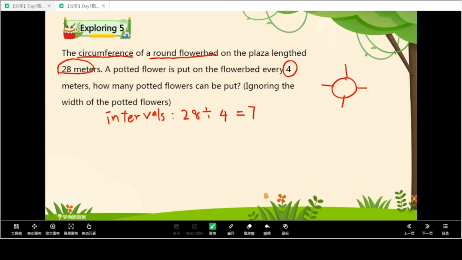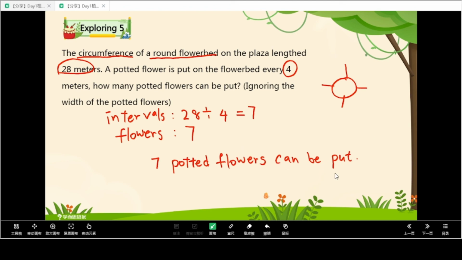That means the number of flowers equals the number of intervals. So it is 7. Very good. And we need to write our answer down at the end. That means that 7 potted flowers can be put.